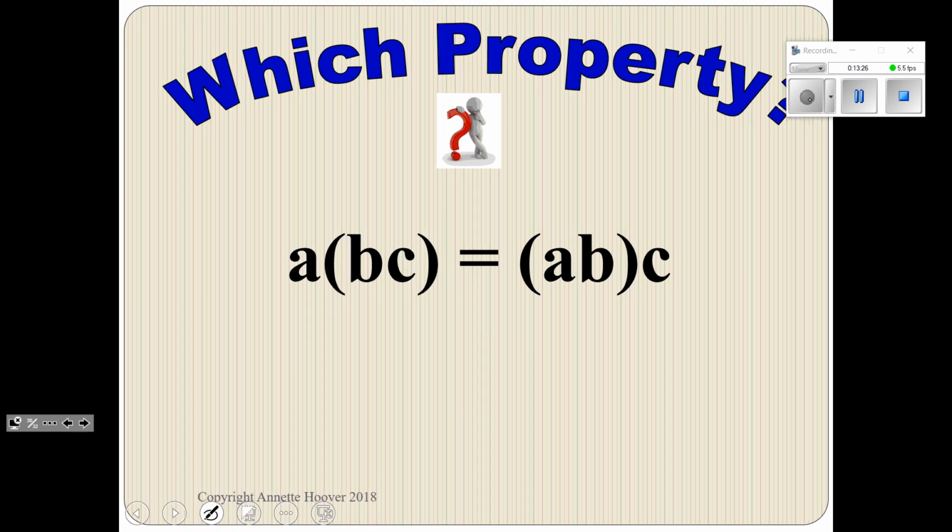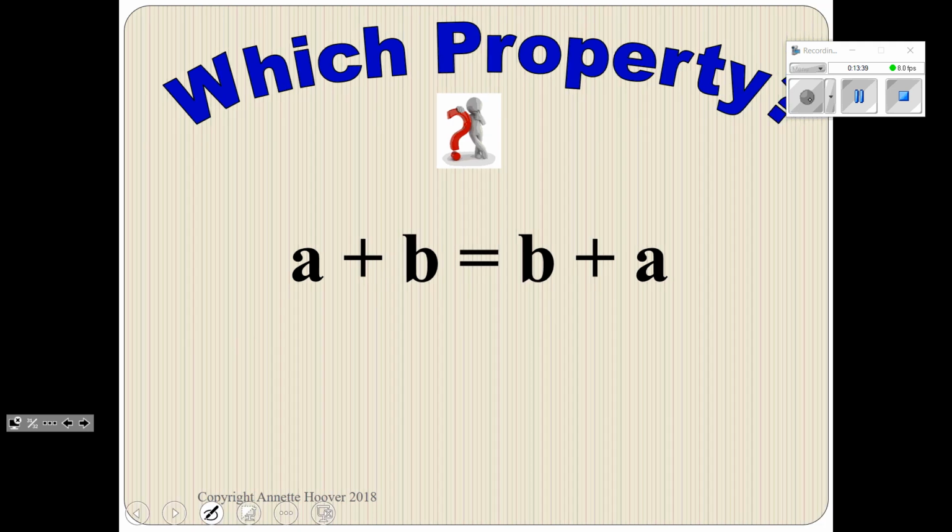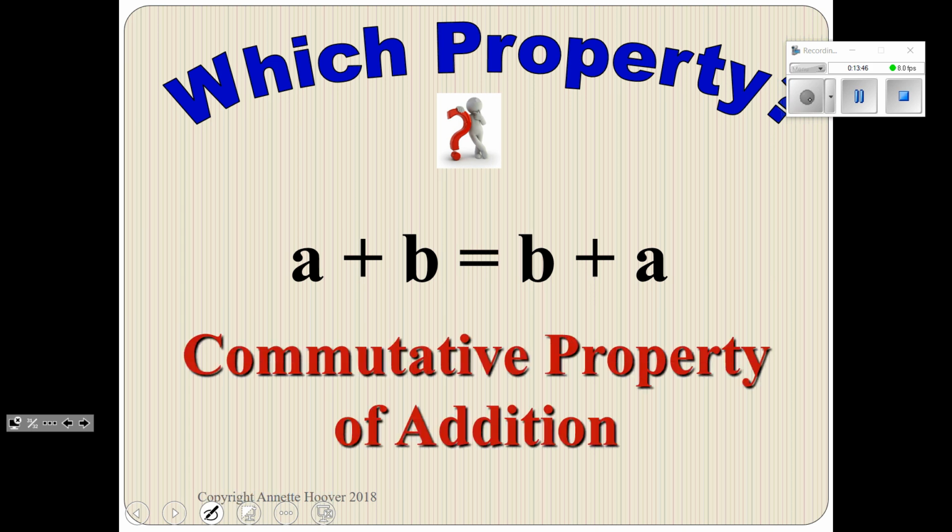A times the product of B times C equals the product of A times B times C. We've changed the grouping. That is the associative property of multiplication. A plus B equals B plus A. We change the order of addition. That's the commutative property of addition.